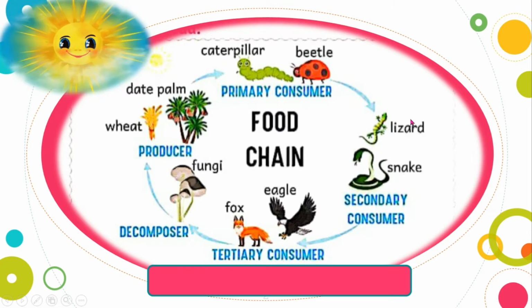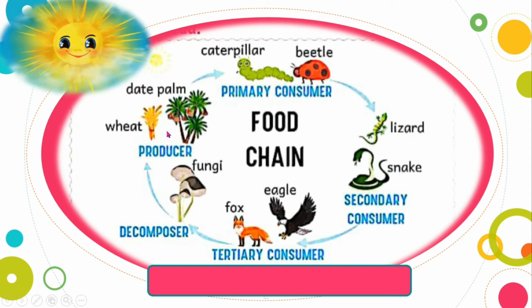As you can see here in this picture, at the start of the chain, we can see plants like the wheat, like the date palm, like trees or any plants.